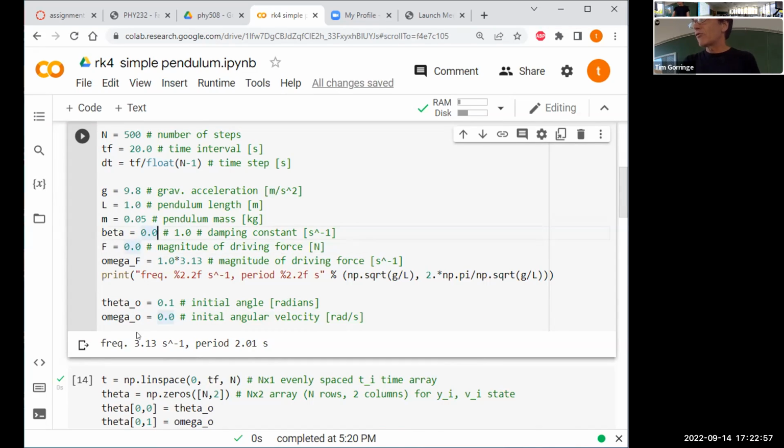Now, as a reference, we said that there are these three cases of under, critical, and over damping, depending on the value of beta being smaller, bigger, or the same as the natural frequency. So let me start with the value of beta being 10 times smaller than the natural frequency, which was 3.1 radians per second.